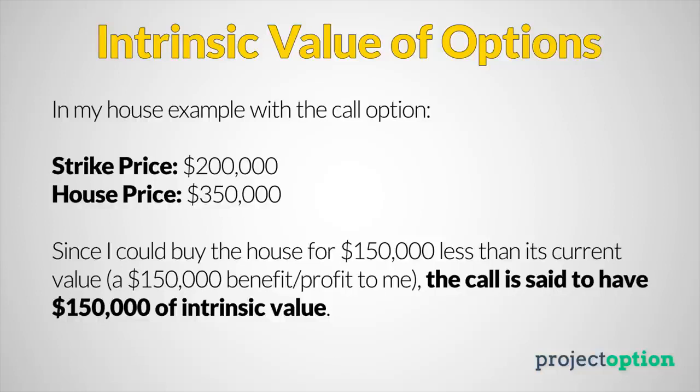In that example, since my call option allows me to purchase the house for $200,000 and the house is currently $150,000 above that at $350,000, we would say that that call option had $150,000 of intrinsic value, meaning that the option contract was worth at least $150,000 because me, as the owner of that option, I could use that option to buy the house for $150,000 lower than the current market price of $350,000. So that is what intrinsic value is.